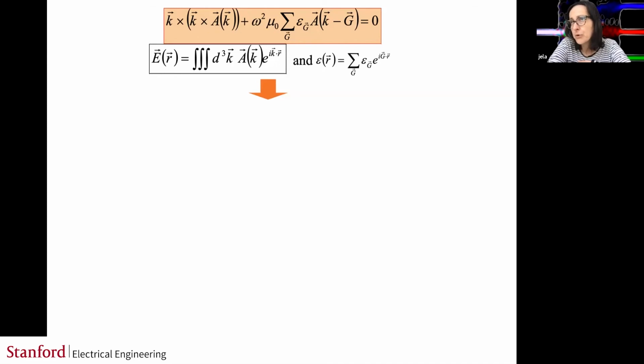For example, for today, for the one-dimensional distributed Bragg reflector, we'll be calculating the band diagram around the so-called edge of the Brillouin zone, which is the pi over a point. And it turns out that there, we can truncate it to a system of two equations. So the bottom line is that it really depends on the region of the band diagram which you are calculating. Any other questions?